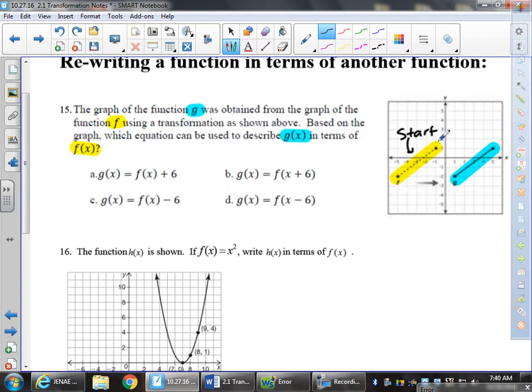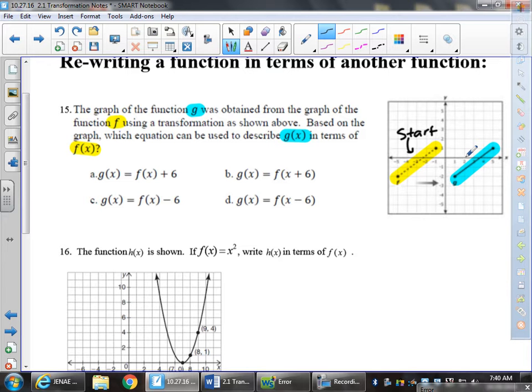And now my second sentence says, based on the graph, which equation can be used to describe G? So this is where I'm starting. This is where I ended up. How did this graph transform from where we started to where it is now? The first comment was a reflection, which is a good point because it does look like it's on the other side of the y-axis.